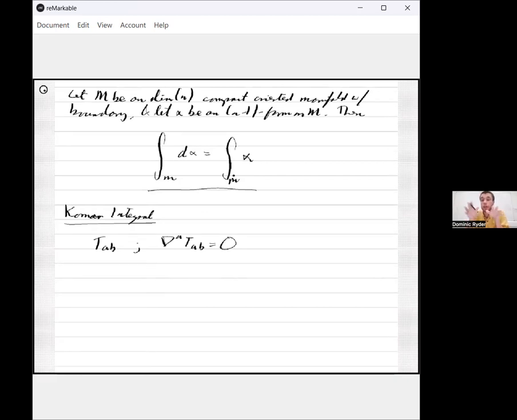Now, in special relativity, this local conservation law implies a global conservation law with respect to an inertial time coordinate in a very simple way. Whereas in general relativity, this isn't going to lead to a global conservation law. The exception is going to be if we have a time-like Killing vector field, which Bruno defined in the last lecture. And then we do have a global conservation law. I'm going to write that down now.